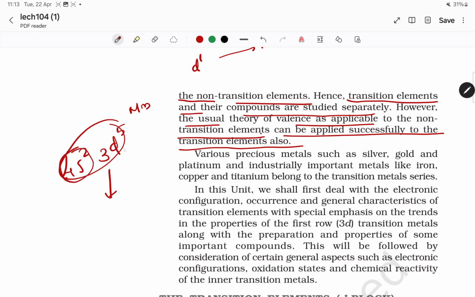If you take the valence shell as totally 3d5 as well as 4s2, then 4s2 alone will show an oxidation state of +2. If you take both, it will show an oxidation state of +7.